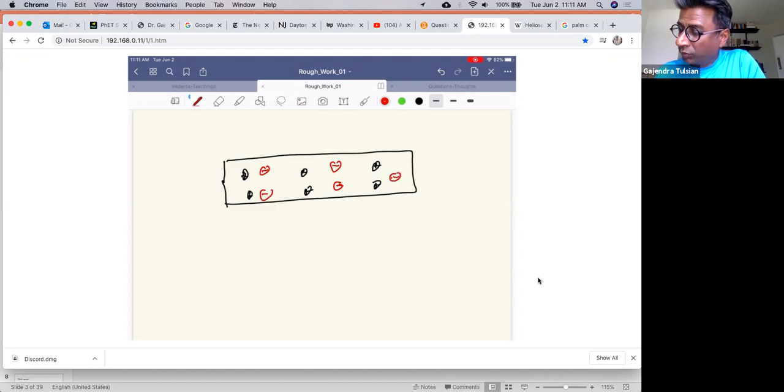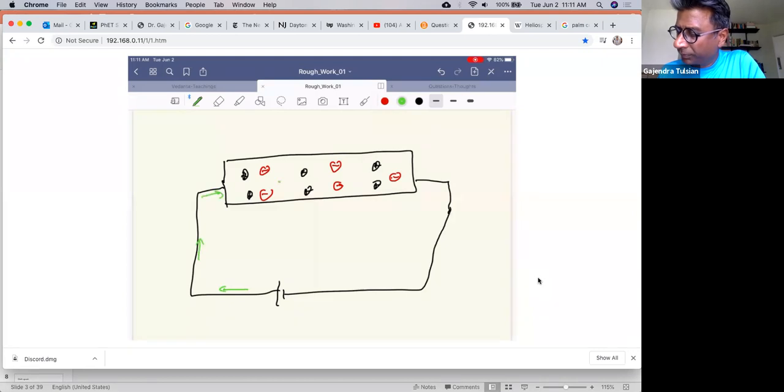Now, if you connect a battery to this conductor, what the battery does is it establishes an electric field in the wire. Everywhere in the wire, as soon as you connect the battery, it establishes an electric field at the speed of light inside the conductor.